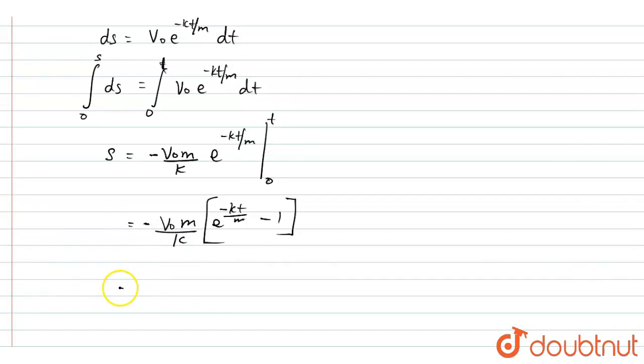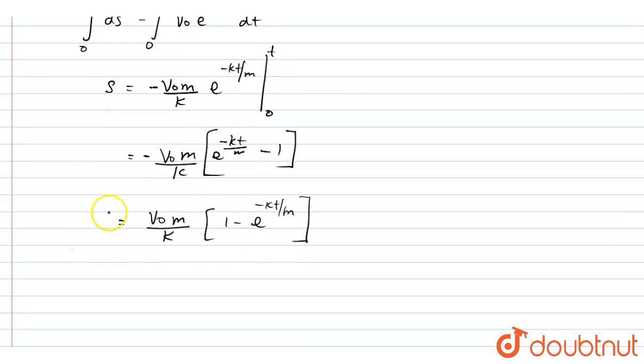Next, if I interchange these, the minus signs cancel, minus minus becomes plus. So s equals v0 m by k into 1 minus e power minus kt divided by m. This is the s value here.